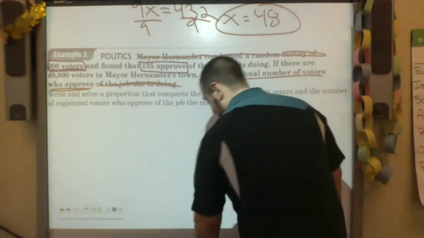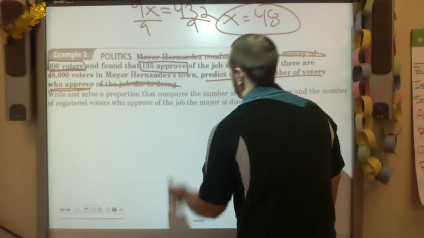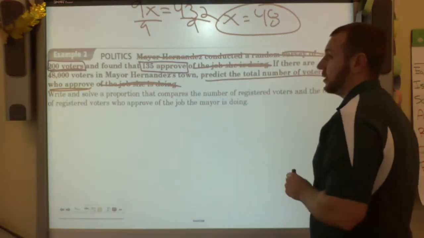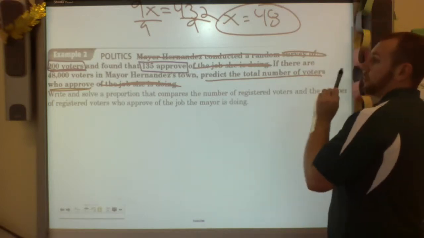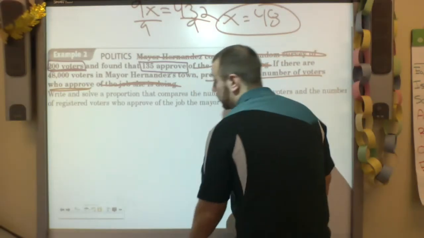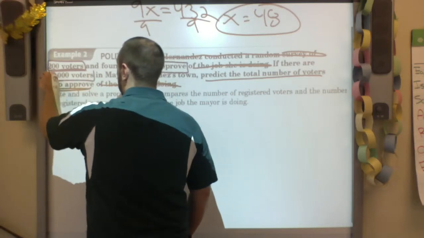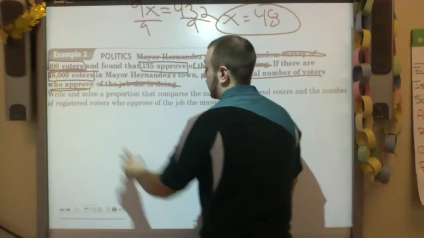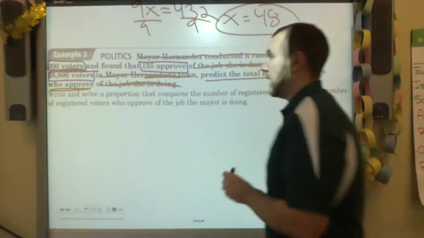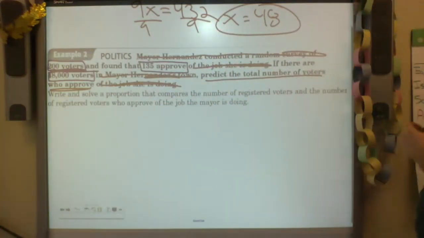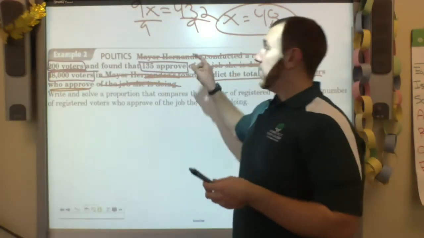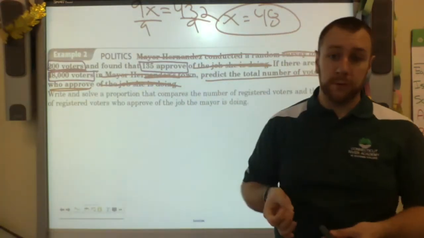I also know, okay, I can cross out of the job she's doing, okay, that there are a total number of 48,000 voters. And again, I don't care about in Mayor Hernandez's town. So there are two things I'm talking about. I'm talking about voters, and I'm talking about who approve.